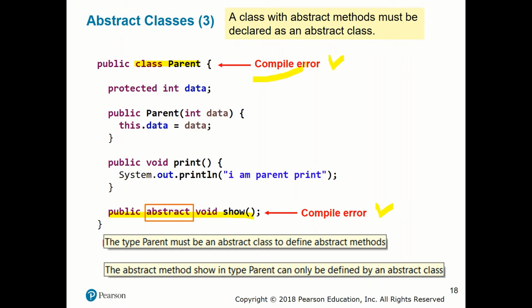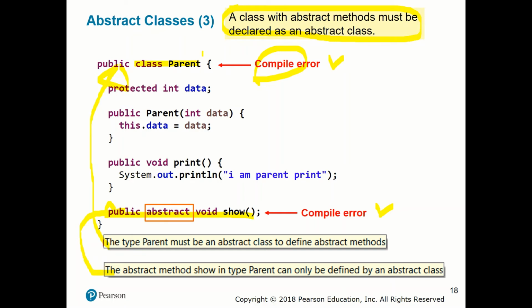The compile error here says the type parent must be an abstract class to define abstract methods. And this one says the abstract method shown in type parent can only be defined by an abstract class. So a class with abstract methods must be declared as an abstract class.